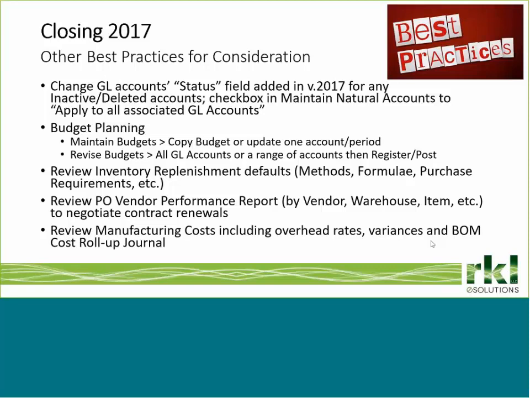You can also take advantage of the PO vendor performance report, which tracks receipts of goods and receipts of invoice by vendor, by warehouse, by item. It will track some things by default, but also as you're in the receipt of goods task or the receipt of invoice task, you've also got the option for manually adding notes or adding reasons to why a particular transaction might be flagged.